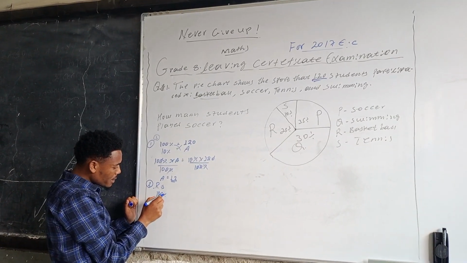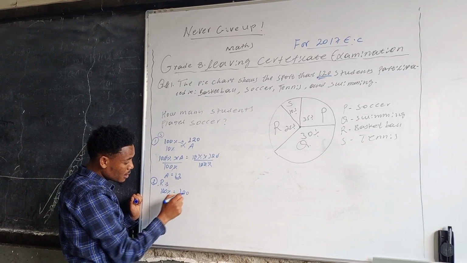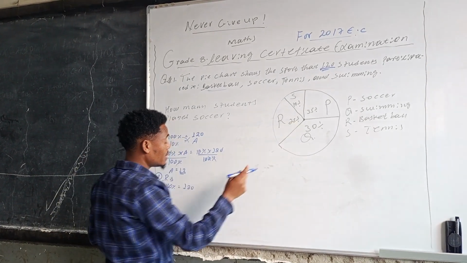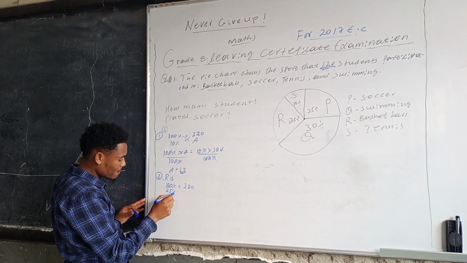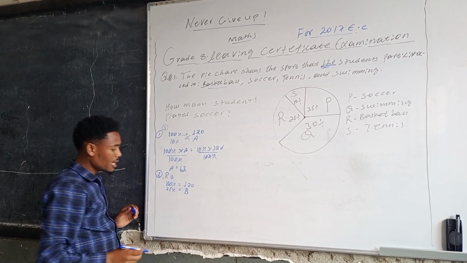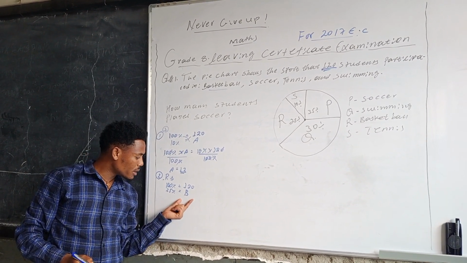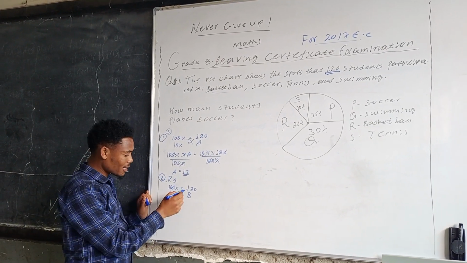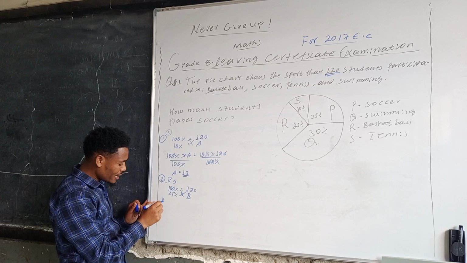When we say 100%, the number of students is 120. The percentage given here is 25%. To find the number of students that played basketball, we must do a crisscross multiplication.